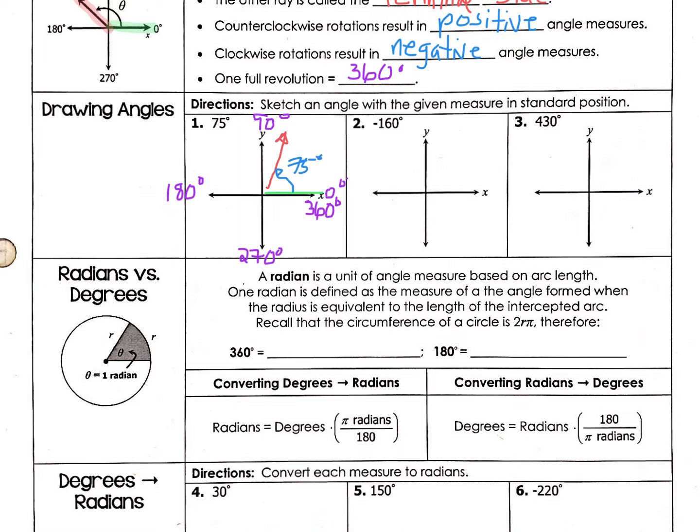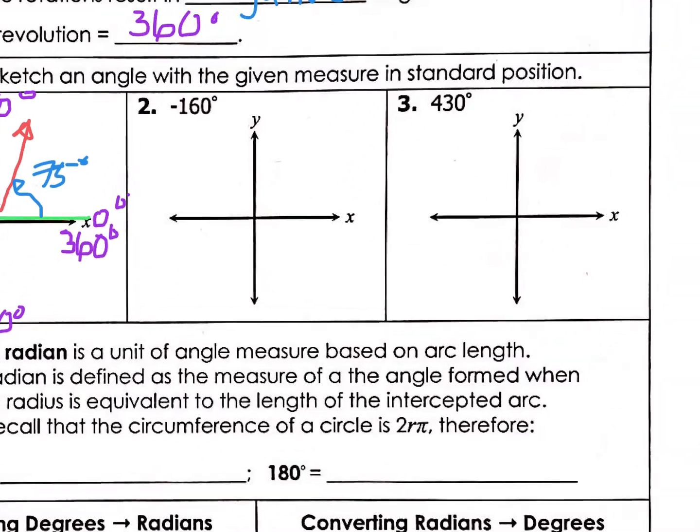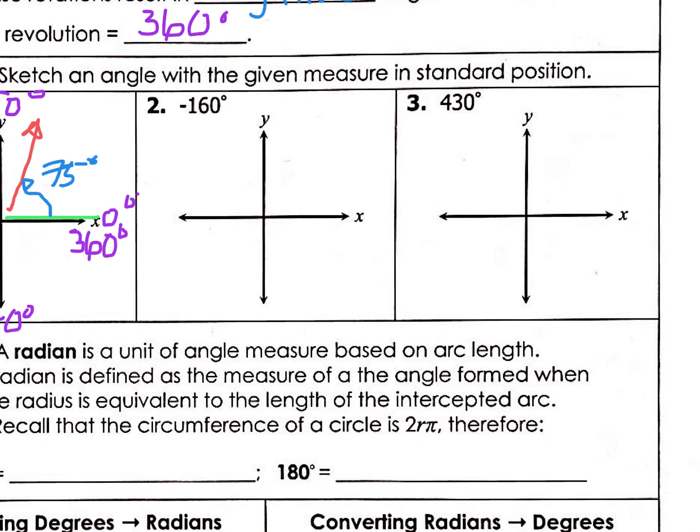All right, so if we want to go negative, I'm going to make this bigger, easier for me to draw. So if you want to go a negative 160 degrees, we still start here at 0 degrees, but we're going to go clockwise. So from here to here is negative 90 degrees, and then from here to here is negative 180.